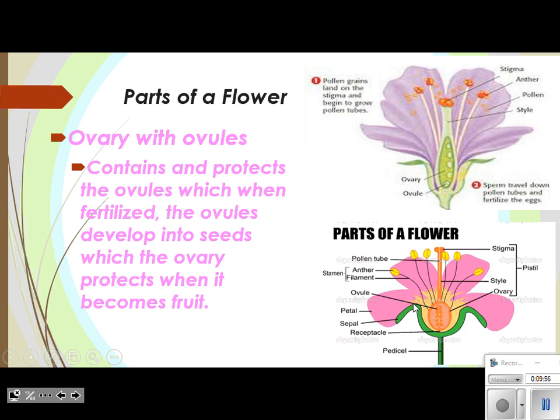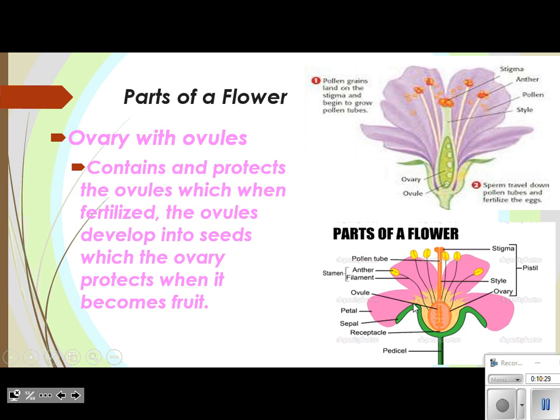The ovules will develop into seeds, which the ovary protects when it becomes the fruit. So, what happens? After fertilization occurs, the ovules develop into seeds. The ovary then will develop into a fruit, and it surrounds the seeds.